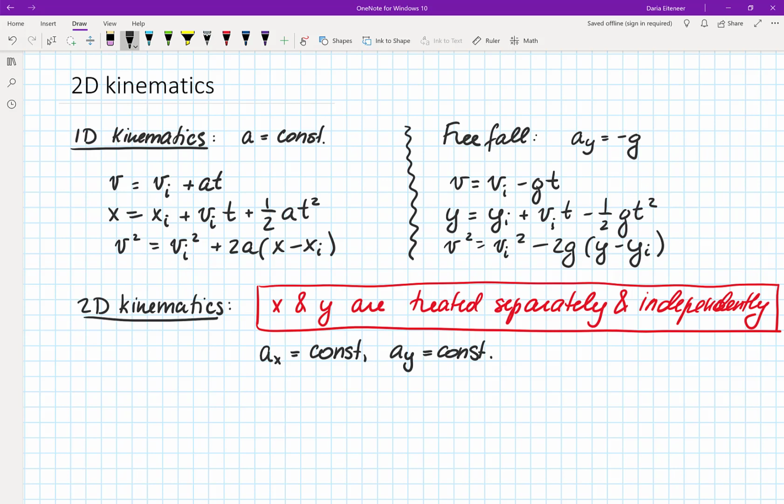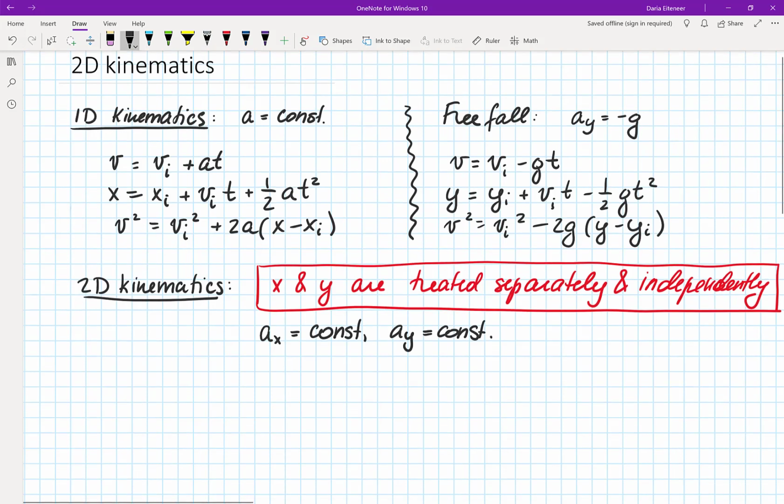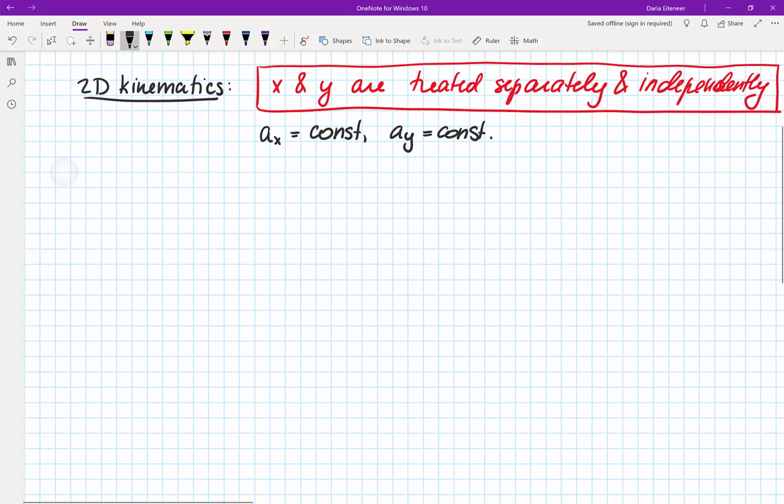So we're going to have a set of equations describing x and a set of equations describing y. Let me write those. These equations should look very familiar to you. All I'm doing is rewriting the equations that I wrote above, literally. Let me finish writing this first.